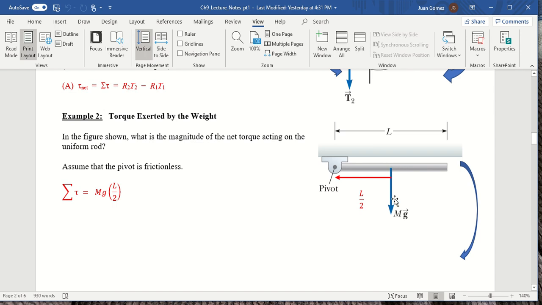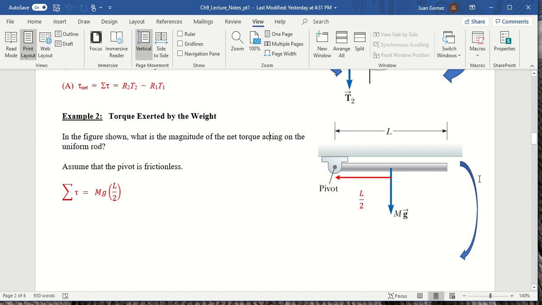So that's where the weight of the rod will act. And let's suppose that this rod is pivoted about one end. So it's free to rotate. That's our rotation axis. That's the pivot. It rotates about that pivot. And we're going to assume that the pivot is frictionless. That won't always be the case, but again, we're starting with the simple examples and we'll get more advanced.